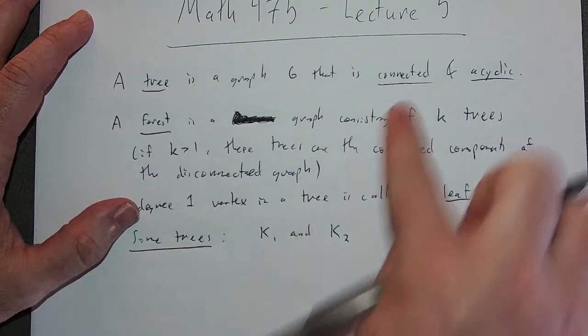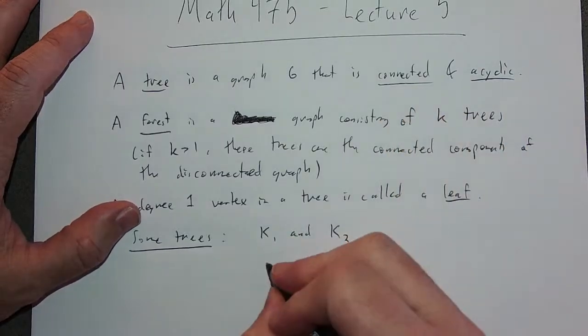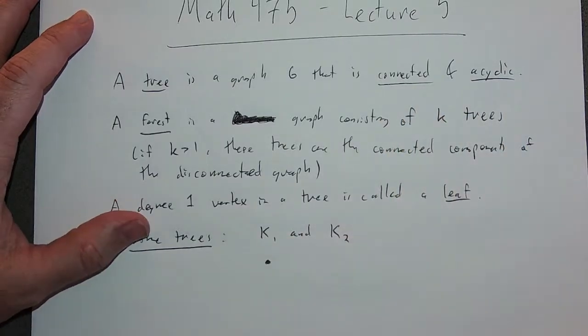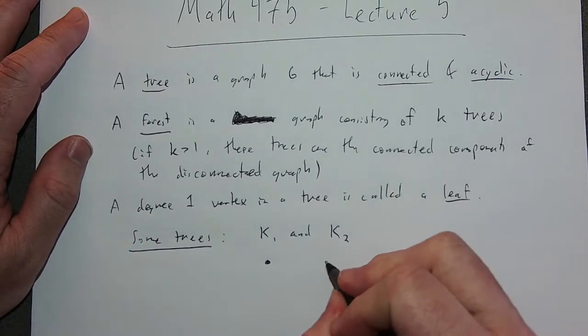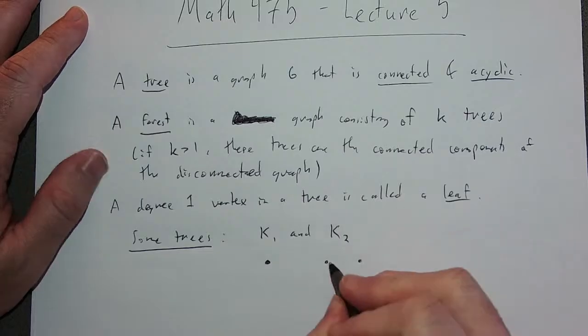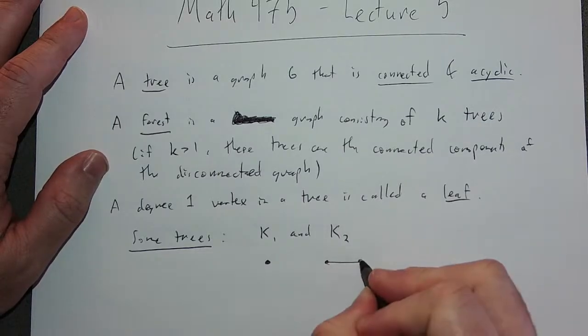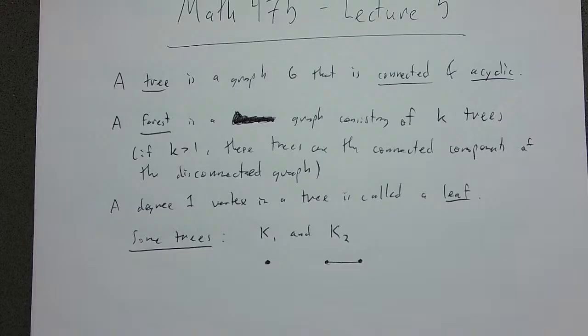So connected and acyclic, K1, of course, is just a single vertex. That is a tree vacuously. K2 is also a tree. Okay. Now those, of course, are very, very small. So what are some other trees?